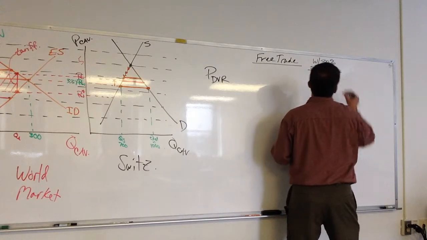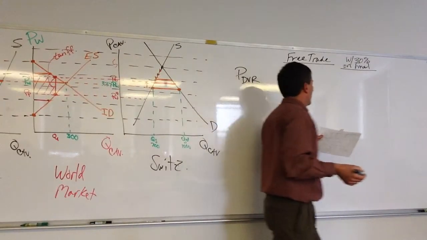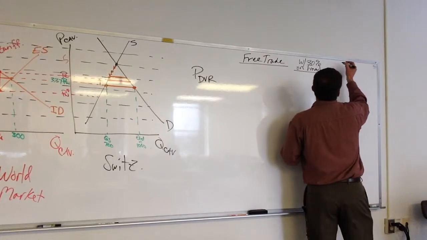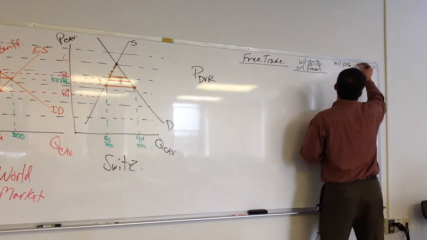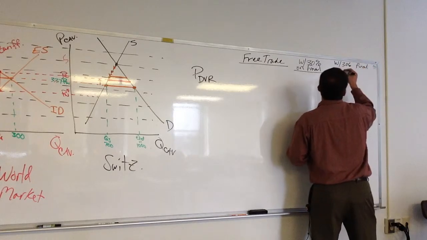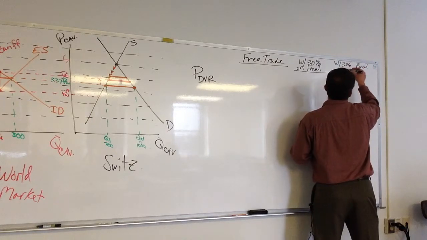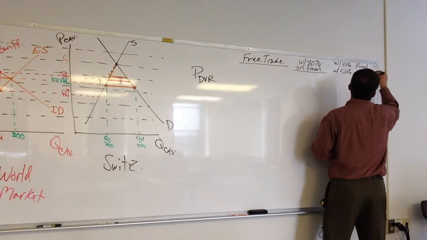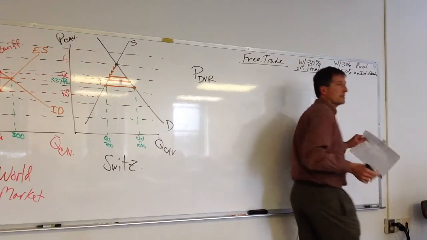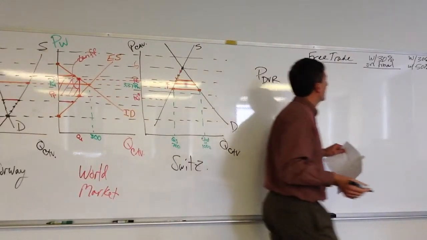And then the last one having a double dip. We're going to go 30% on the final DVR and with a 50% tariff on intermediate goods, so some of the components that are used in the DVR.